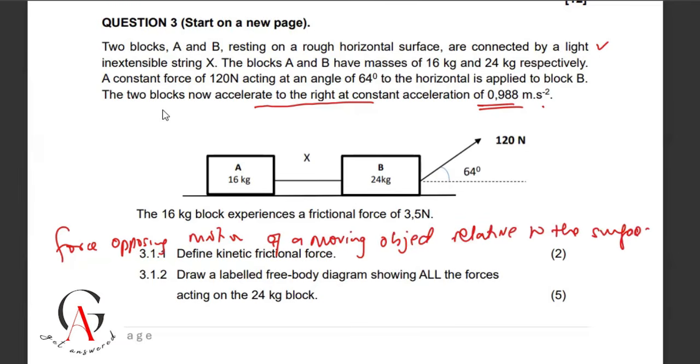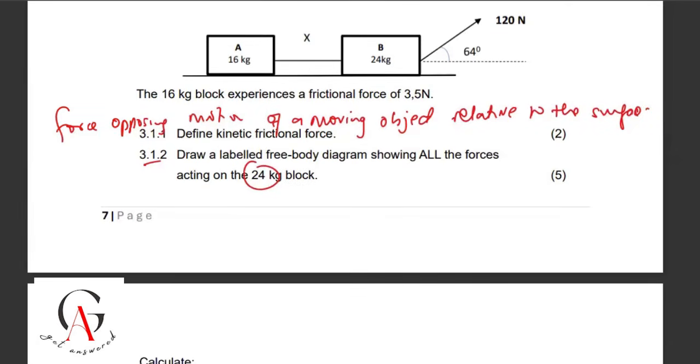And then 3.1.2, draw a free body diagram for the 24 kg. So if I look at the 24 kg, we're going to have the force applied. We're going to have the weight. And then we're also going to have the tension.